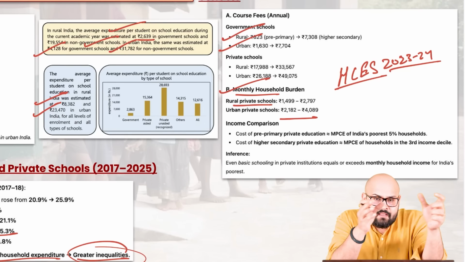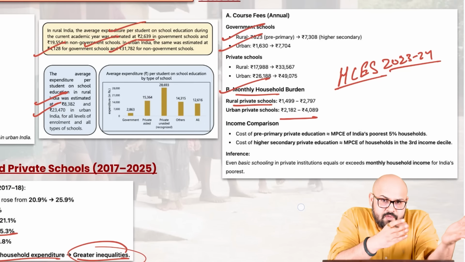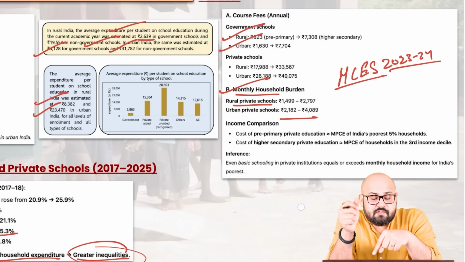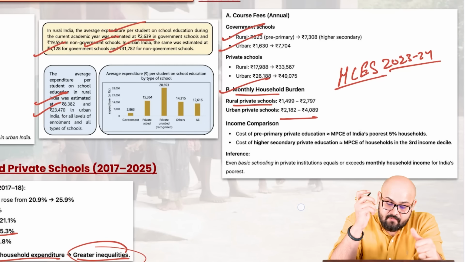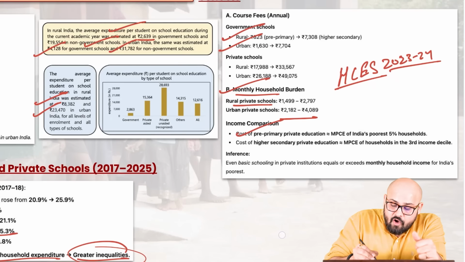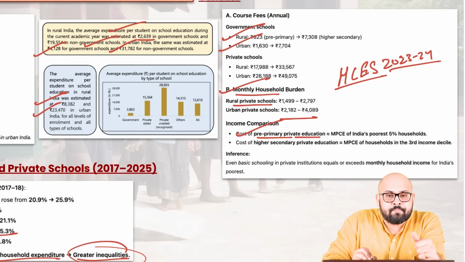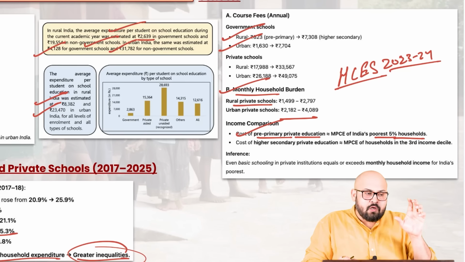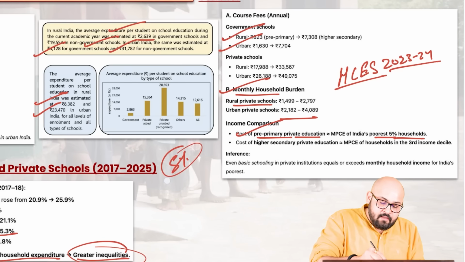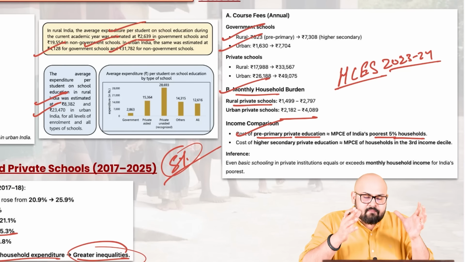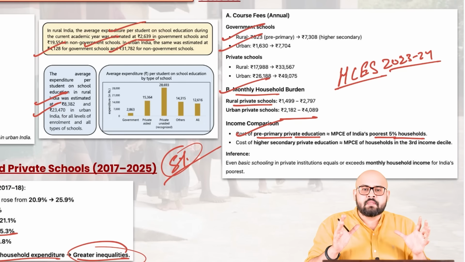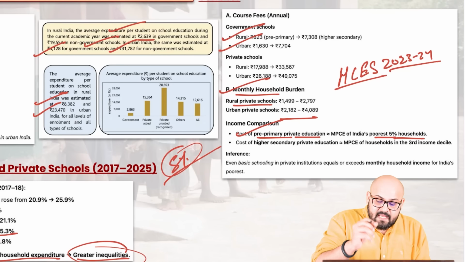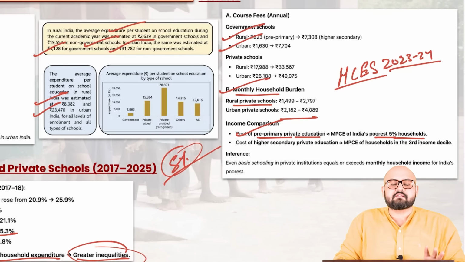If you compare this expense on education with the household consumption expenditure survey data, the cost of pre-primary private education is almost equivalent to the monthly per capita expenditure of the poorest 5% of households. Very important data. If you look at the lowest 5% of the households in the country, whatever total amount they spend is equivalent to the pre-primary private education expenses.